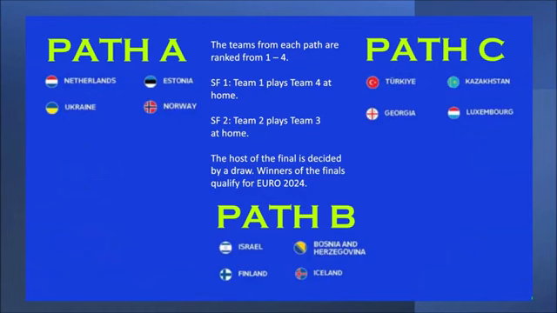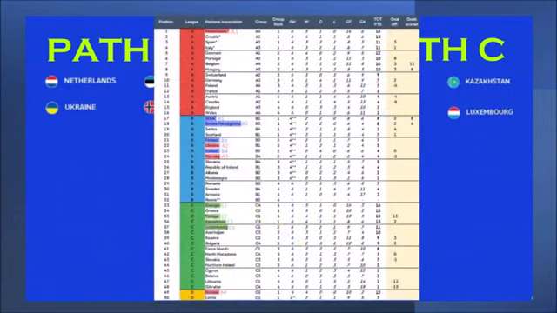And for that we would need to rank the teams from each path from 1 to 4. So this is what we made. We took the Nations League overall ranking and looked at all of the teams from the paths, and then we had them from A1 to A4, and of course with every other path we did the same.